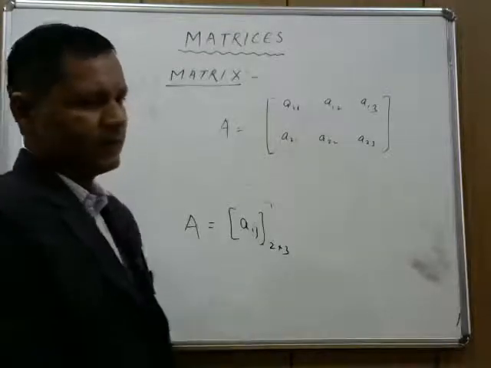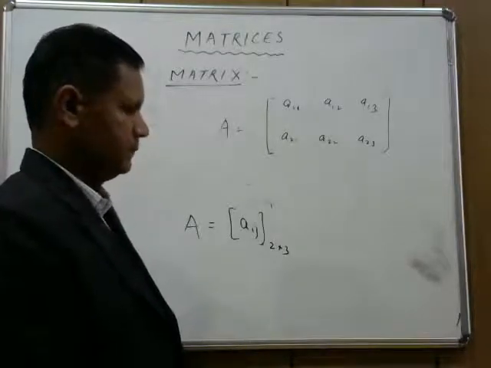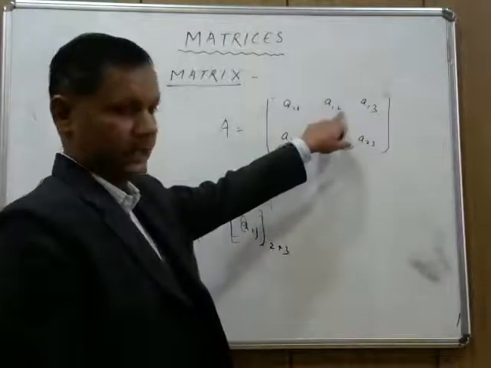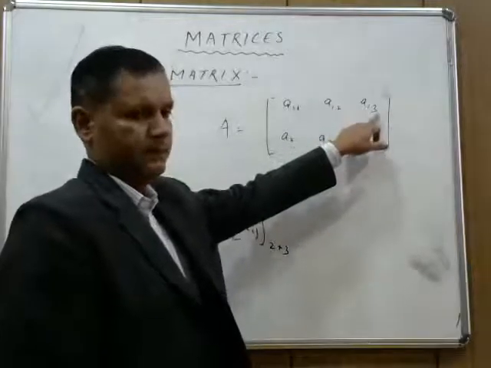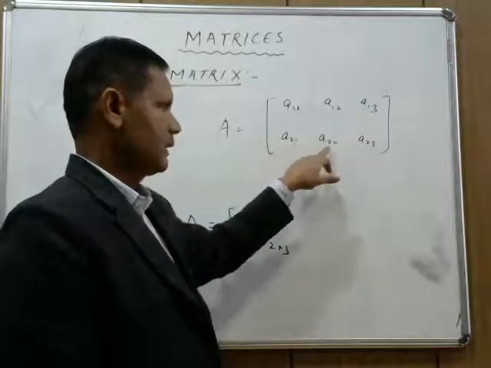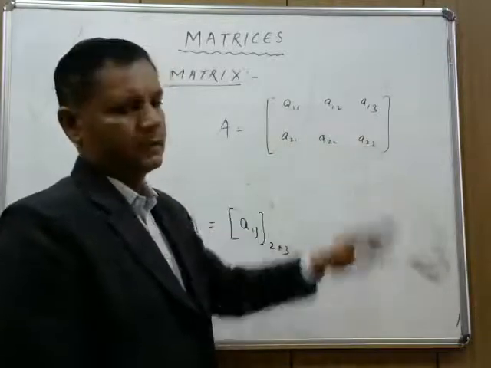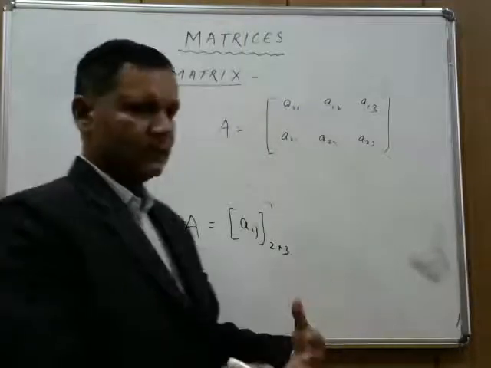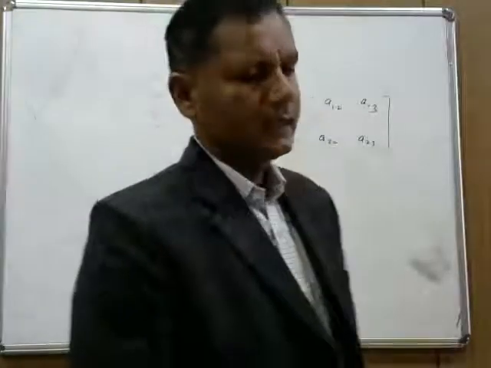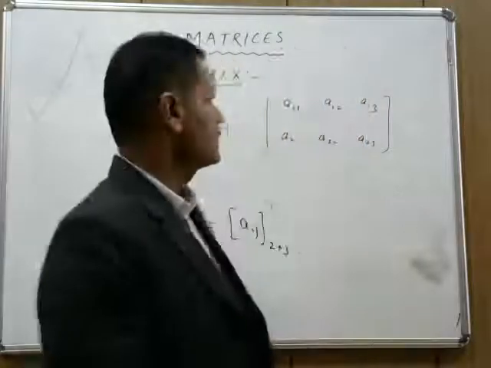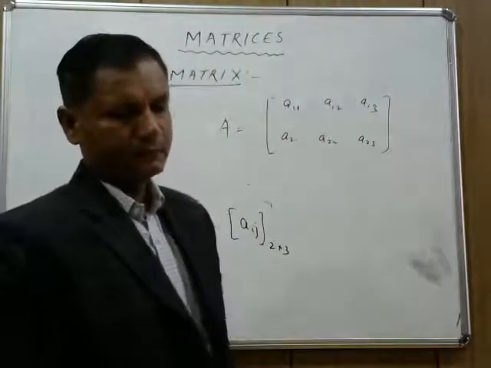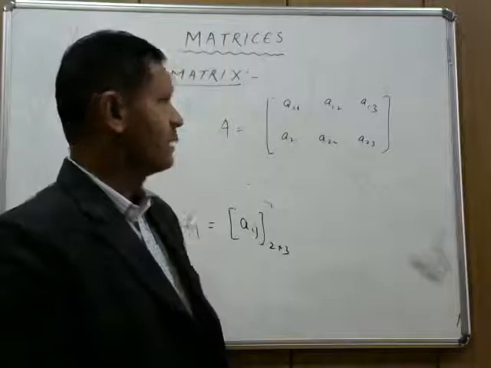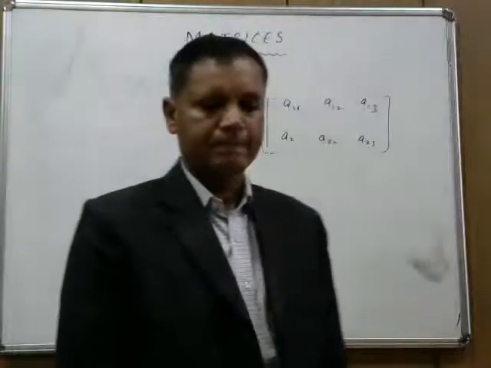Address of each and every element of this given matrix: first row first column, first row second column, first row third column, second row first column, second row second column, second row third column. This is the way of collecting the numbers and writing them in a rectangular format. That's why it is called a matrix. The singular is matrix and the plural is matrices.